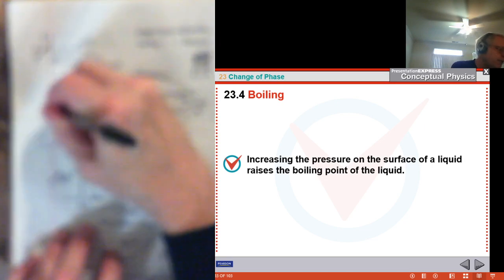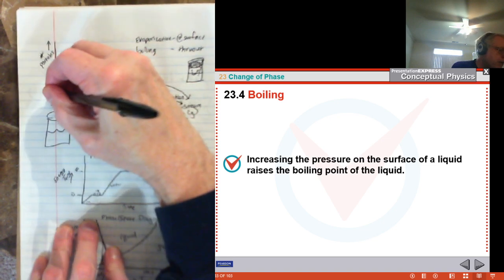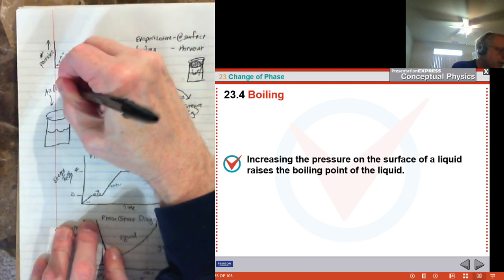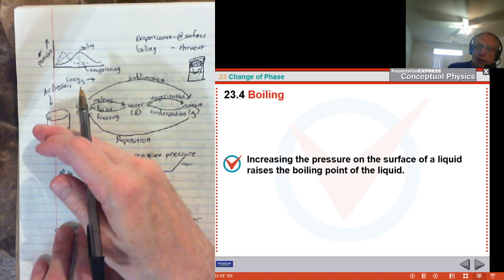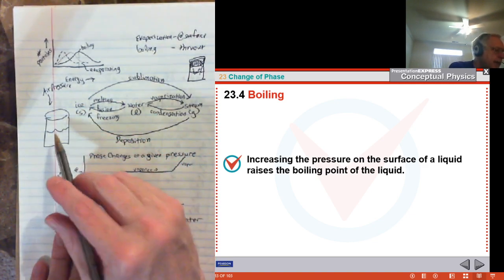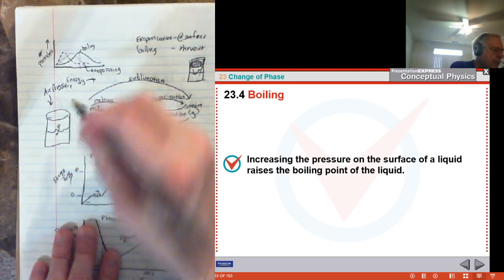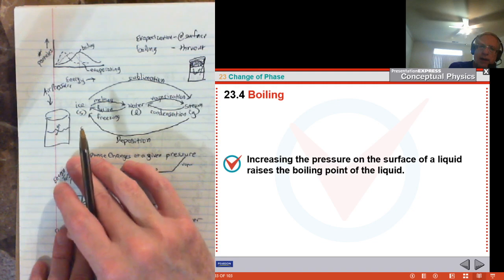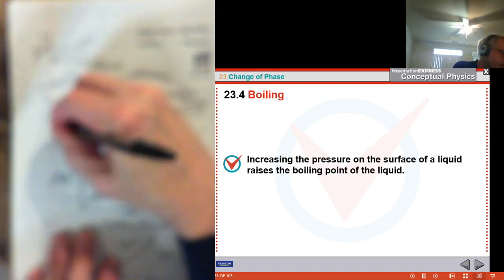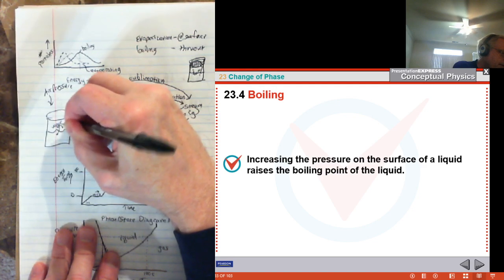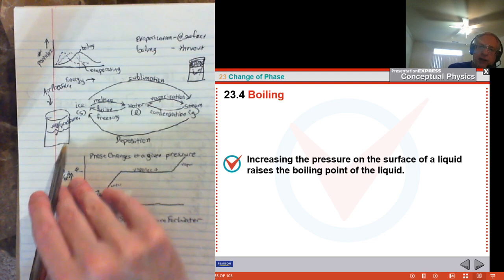So I have this flask and I have liquid in here. There is air pressure, and that air pressure is pushing down. And then there's a certain propensity for the water to want to vaporize. So this is the vapor pressure, and that's the pressure of the vapor pushing upward.